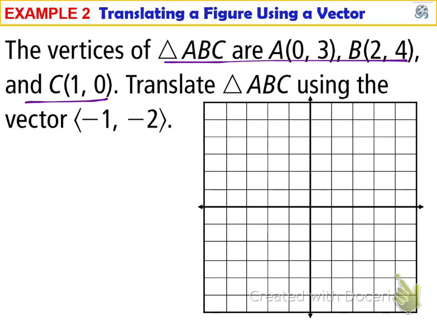So over 0, up 1, 2, 3. Yes, we're on the next page. And then (2, 4). So over 2, up 1, 2, 3, 4. And then (1, 0), over 1, up 0. Connect the dots.